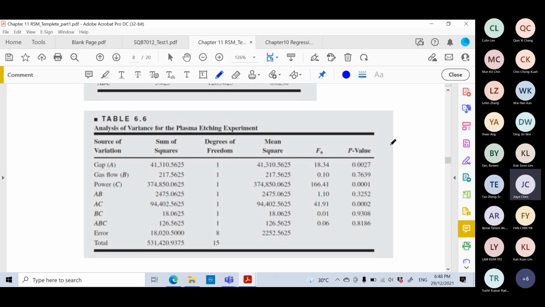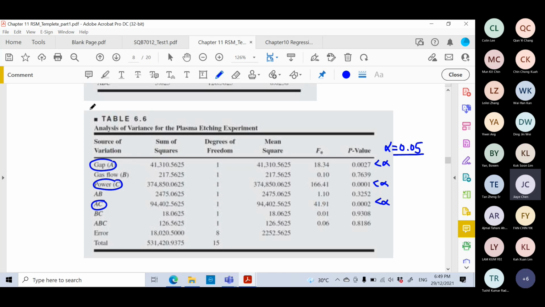If we set alpha to 5% and compare with the p-value, obviously this one is less than alpha, this one is also less than alpha, and this one is less than alpha. This means that factor A, factor C, and the AC interaction are the important factors here, as you studied in chapter 6 before.